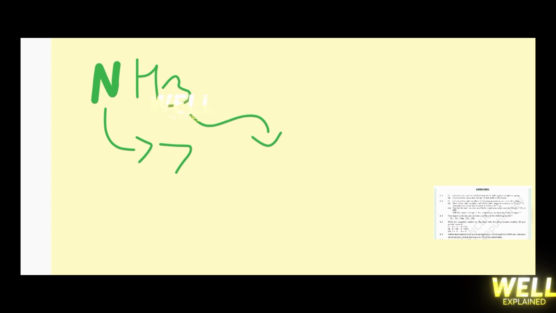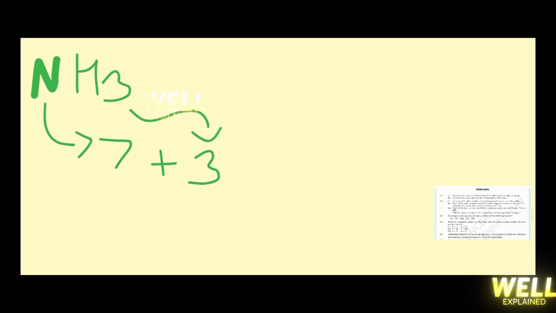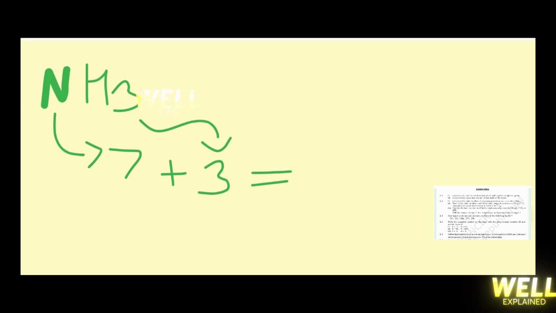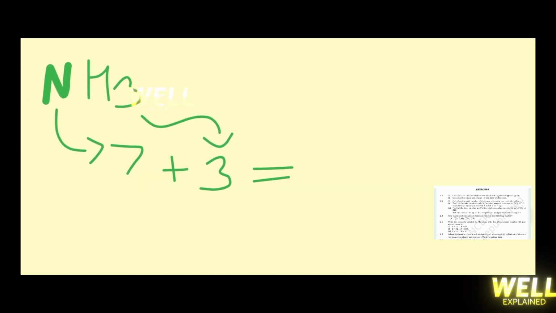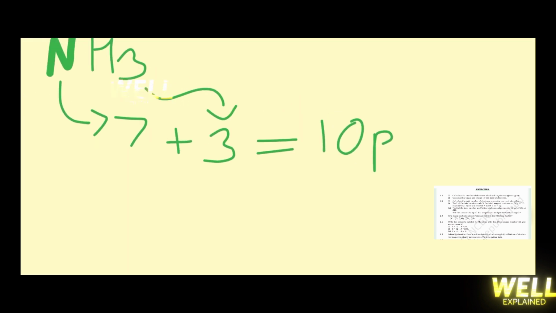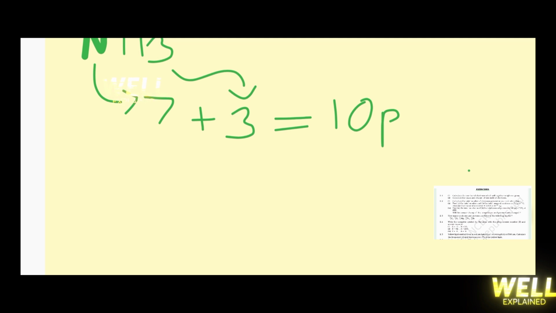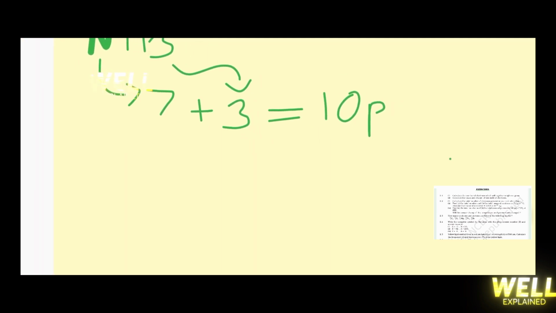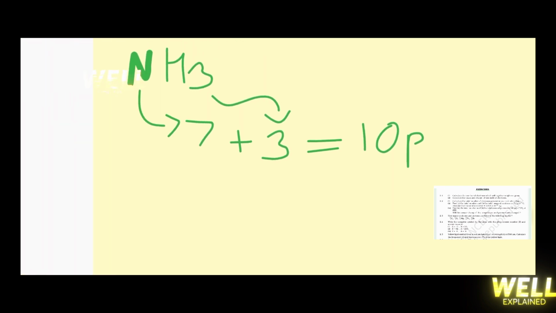So for 3 hydrogen I will have 3 protons. So in one molecule of ammonia I will have 10 protons in 34 milligram. I think this is similar to the first part. No, second part. Yes, it is very similar, so I will use that only.